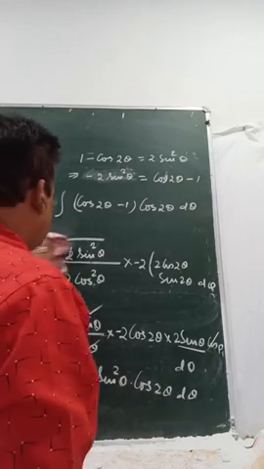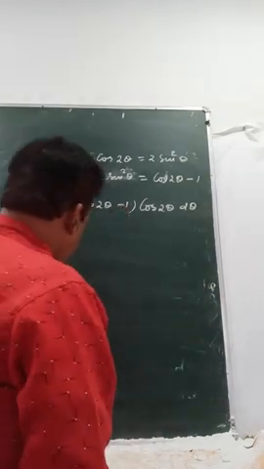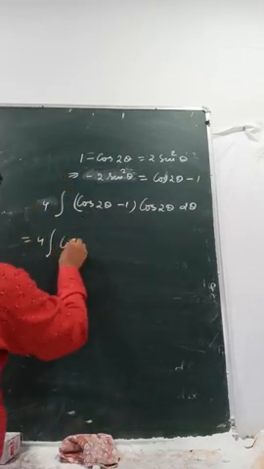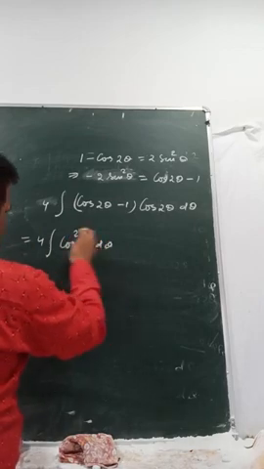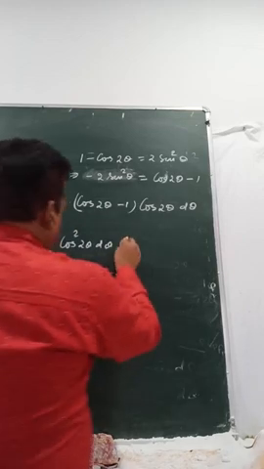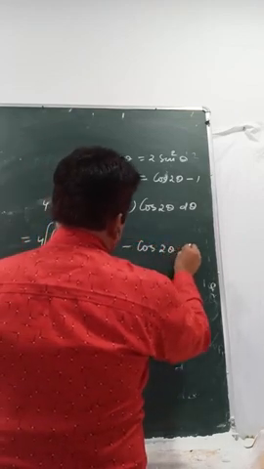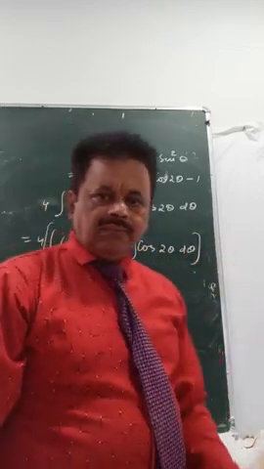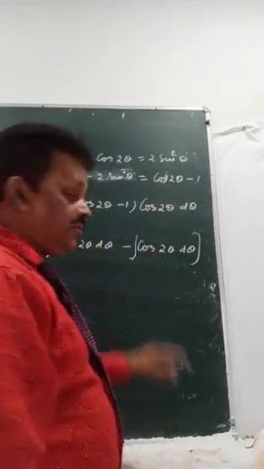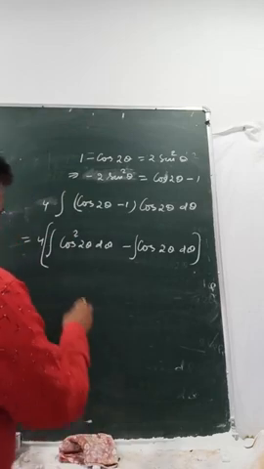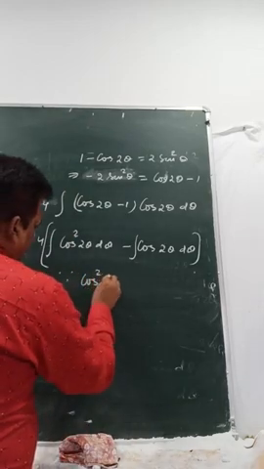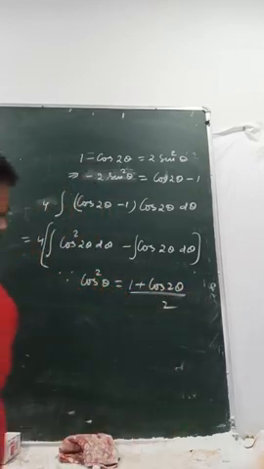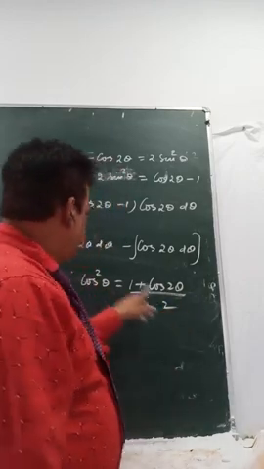Okay, so then if I multiply, I get 4 times the integral of cos square 2 theta d theta, minus cos 2 theta d theta. This is the integral because there is no power. But cos and sin with a power, I told you earlier, cannot be integrated directly. So since cos square theta is 1 plus cos 2 theta by 2, we need to remove the power and we use this double angle.